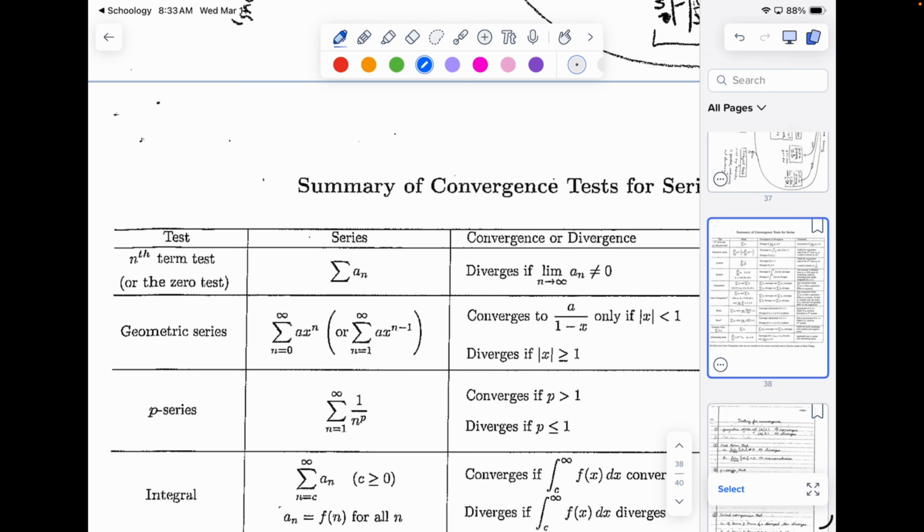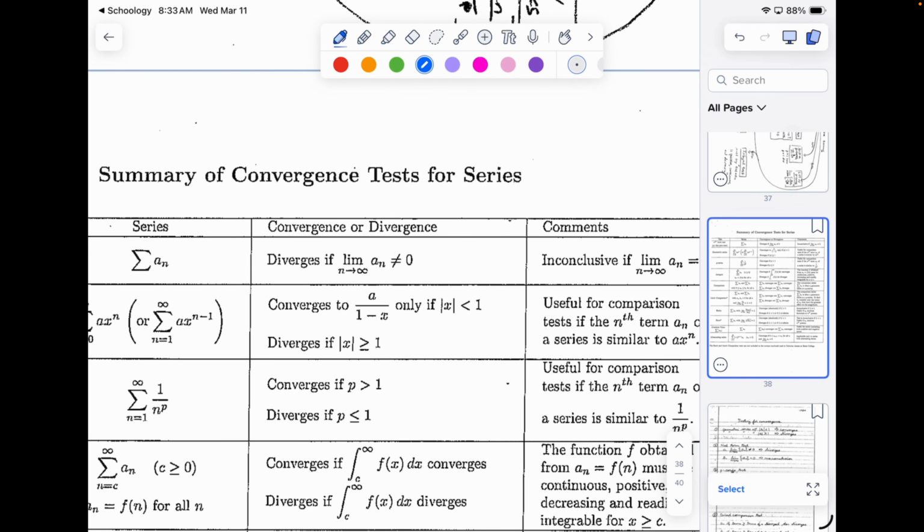So if we have a series, if the limit as n approaches infinity does not go to 0, we could know that it diverges. It's only good at showing me for something that diverges. It is no good at telling me that it converges.